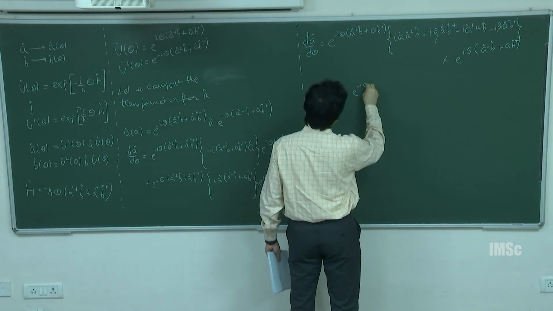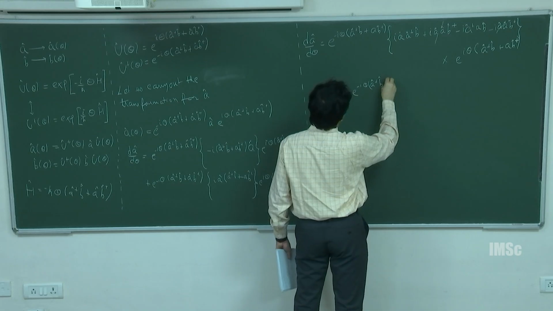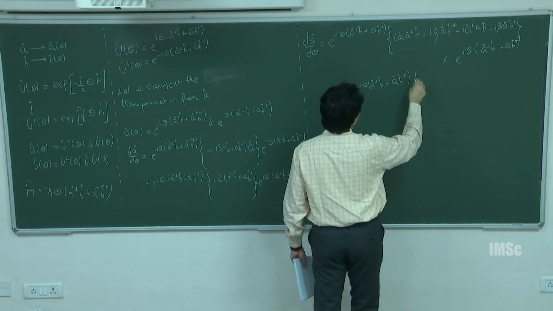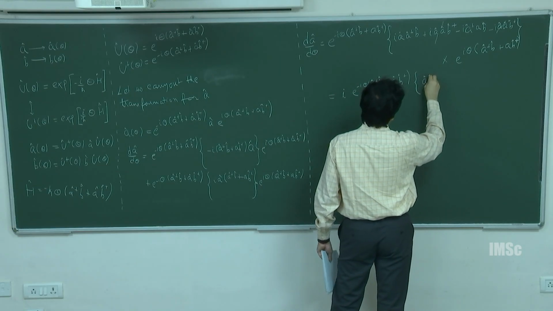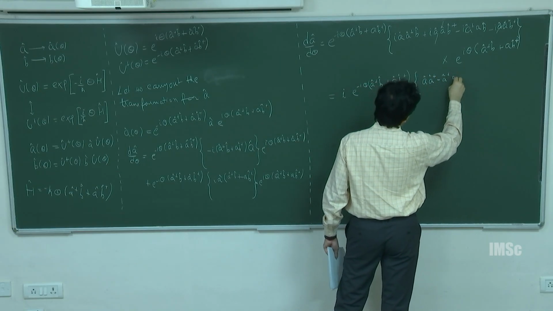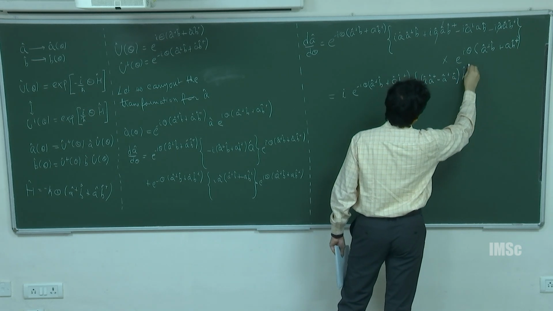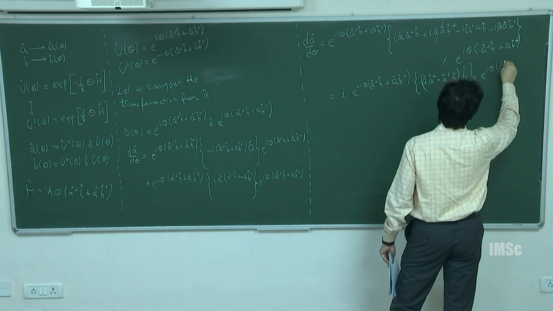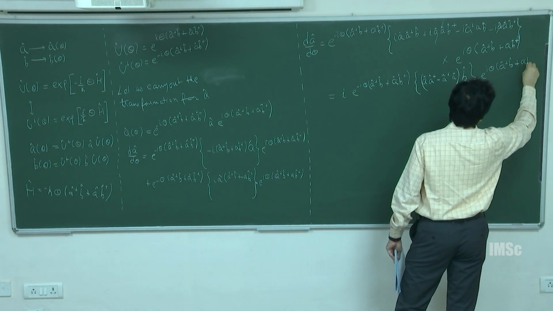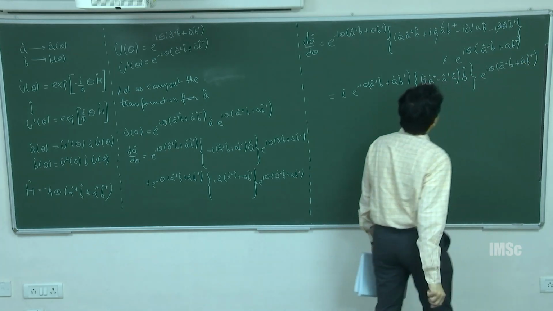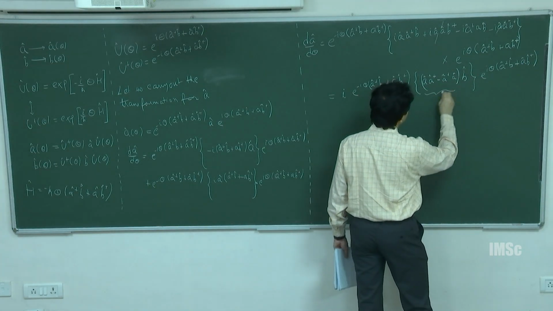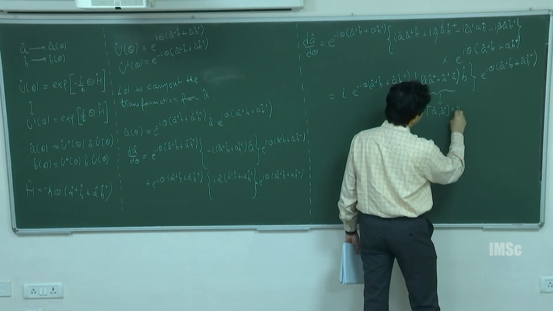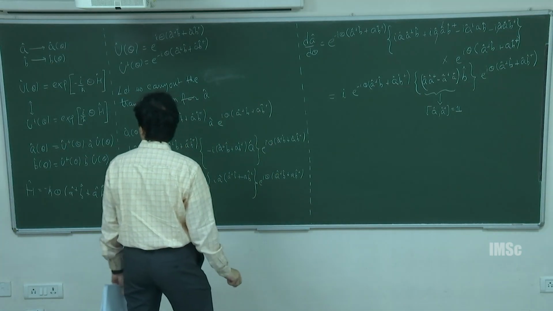Now I can write this as A dagger B. Now this is nothing but the commutator, and this is identity, correct?